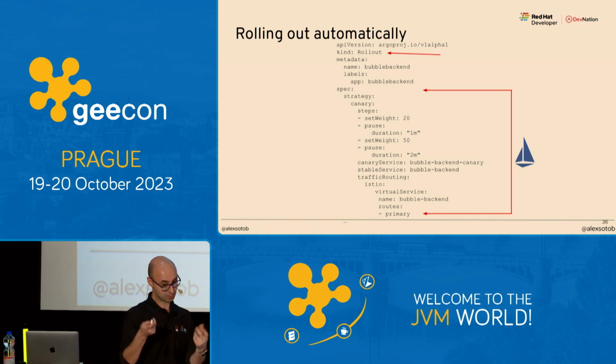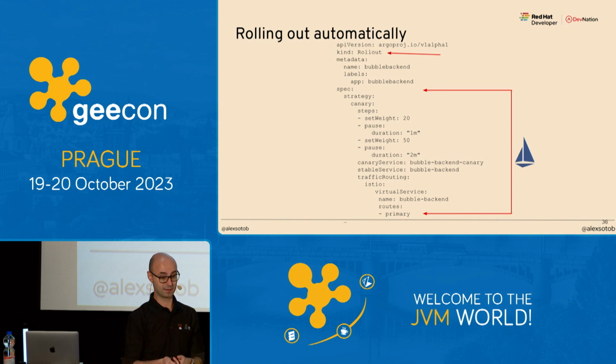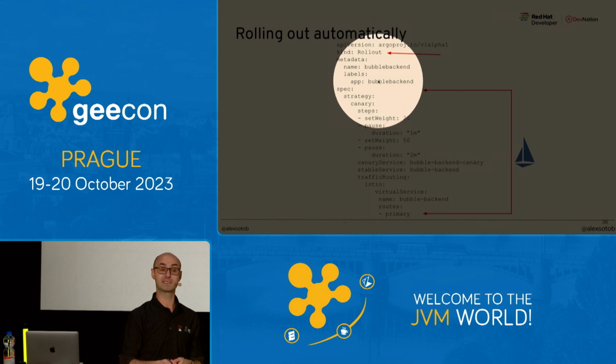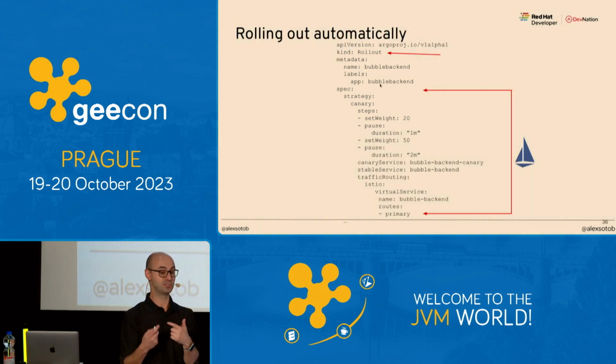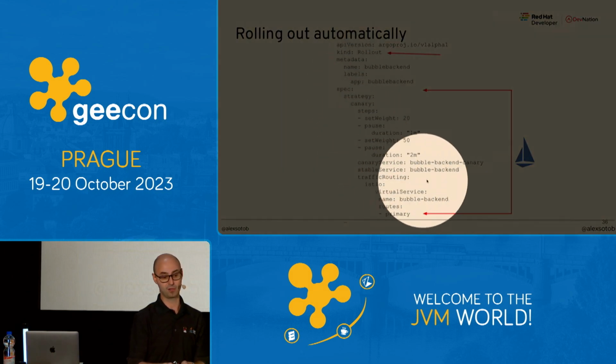How does it work? You can see here, it's a simplification. You see that now it's a rollout, not a deployment file. But keep in mind that it's exactly the same deployment format, with the same specification, but with some additions. Basically, the addition is this strategy and all these things.